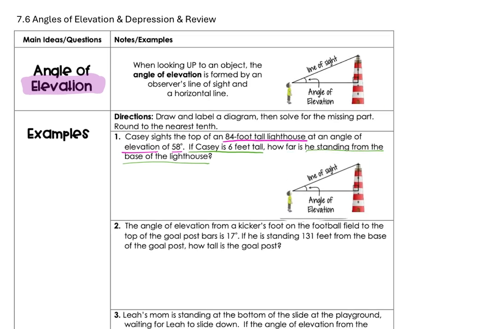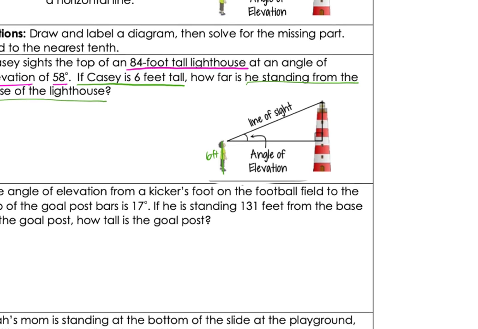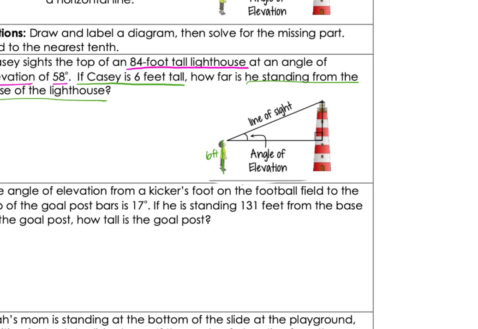I'm going to bring mine down, but you can just do it right on that and draw yourself an arrow. So this is essentially the picture we're working with. It said Casey is how tall? 6 feet. Okay, so that right there is 6 feet. What else do we know? The lighthouse itself, which is the whole lighthouse, right?